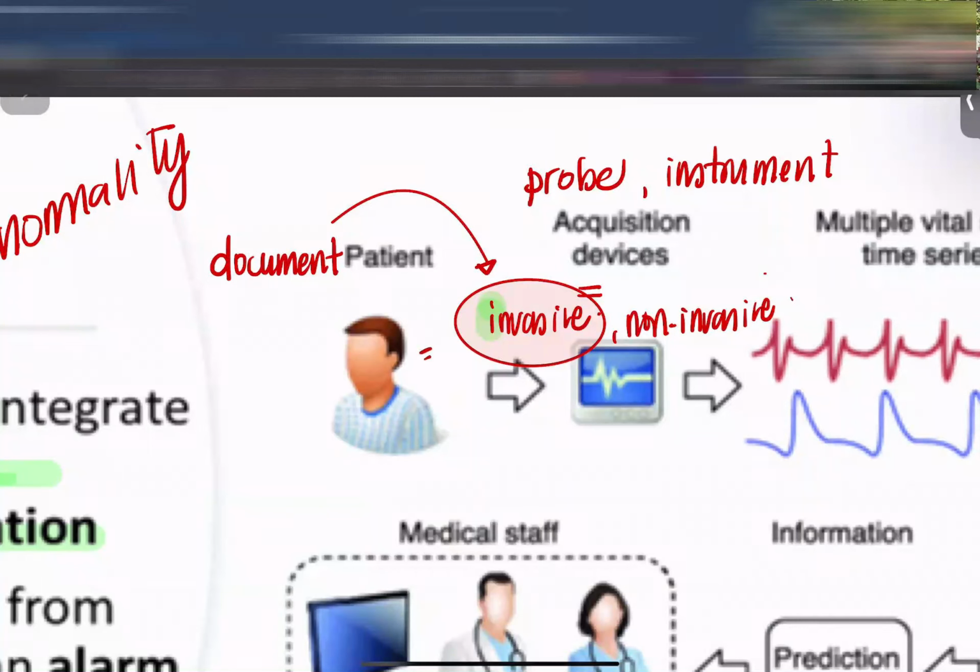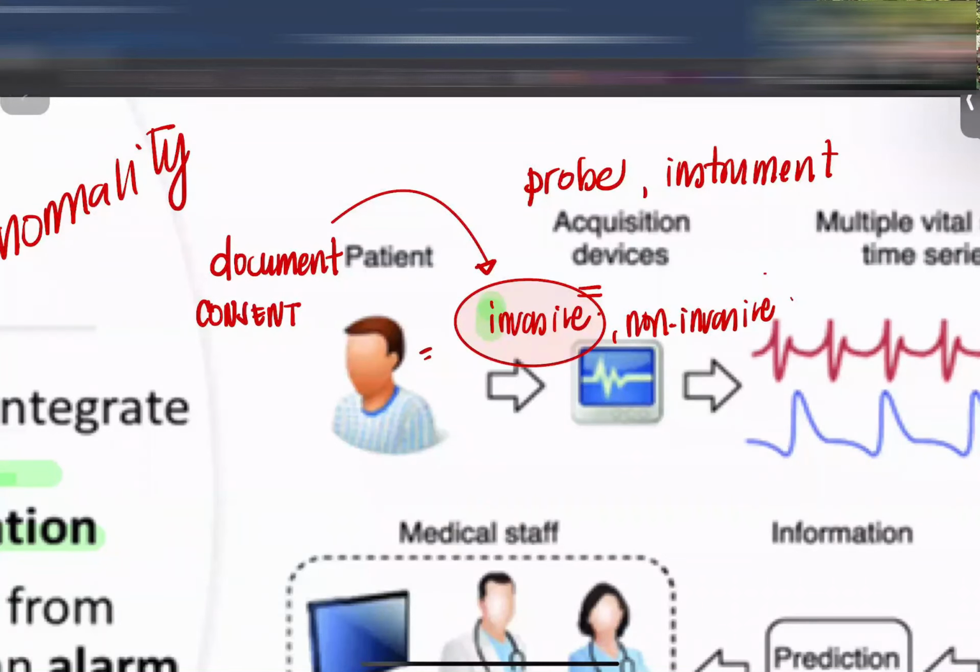Anybody? What particular document needs to be signed by the patient, should have been explained by the doctor to the patient, signed by the patient before any invasive procedure is done? Consent, sir. Okay, class, consent.